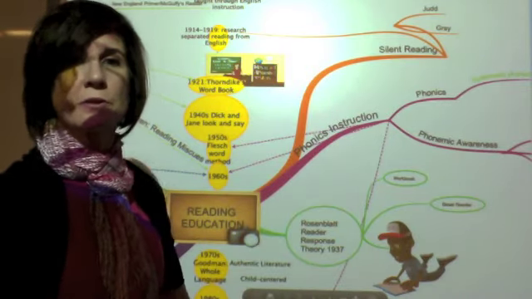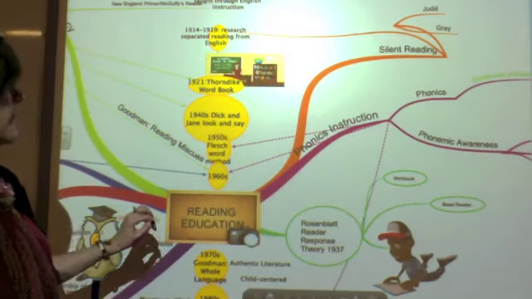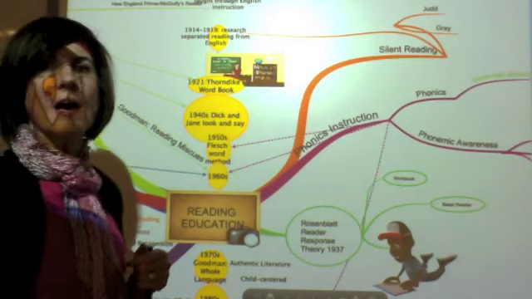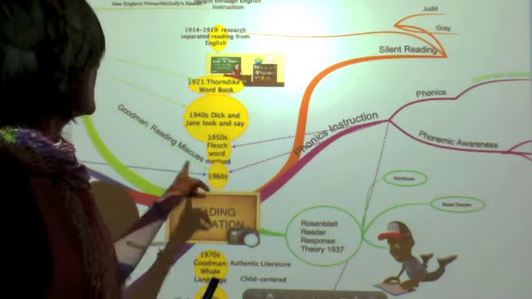But going back to the timeline, in the 1940s, we have Dick and Jane's See and Say method of reading instruction, and that, of course, is also connected to oral reading fluency.